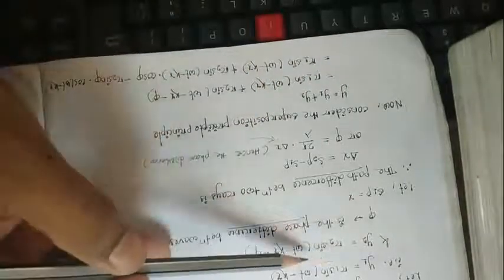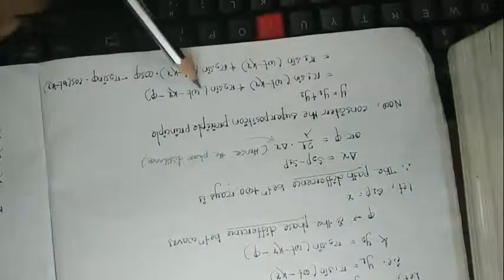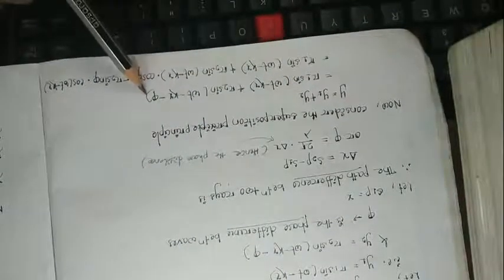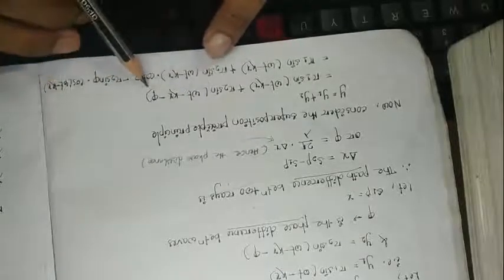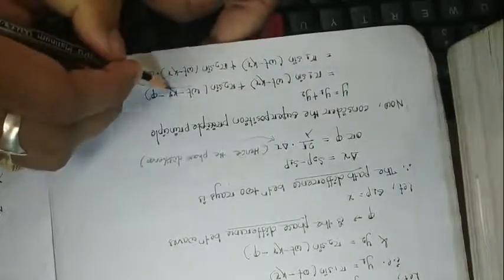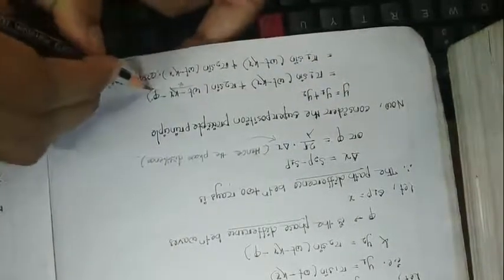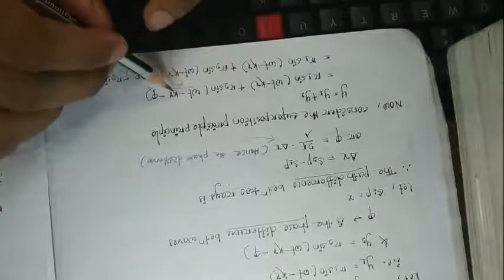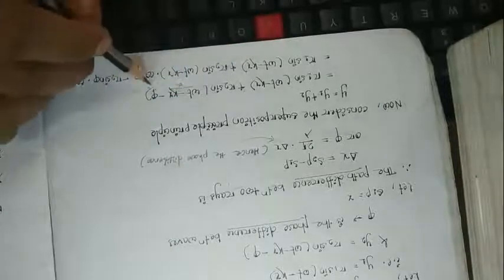The y1 is R1 sin(omega t minus kx) and y2 is R2 sin(omega t minus kx minus phi). Here we use sin(a minus b). Suppose omega t minus kx is a and phi is b.